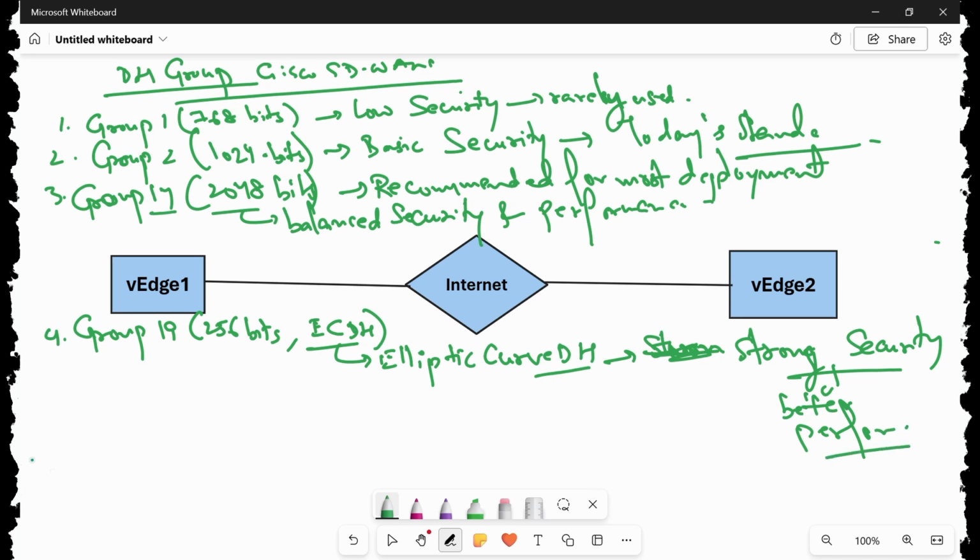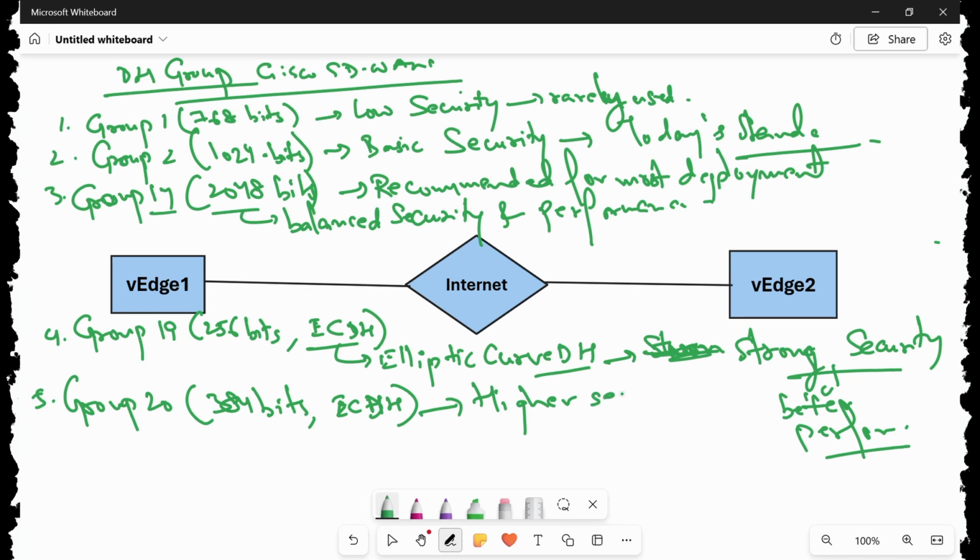Okay, and the other group will be group 20, and this one has 384 bits, and it will also use the same elliptic curve Diffie-Hellman.